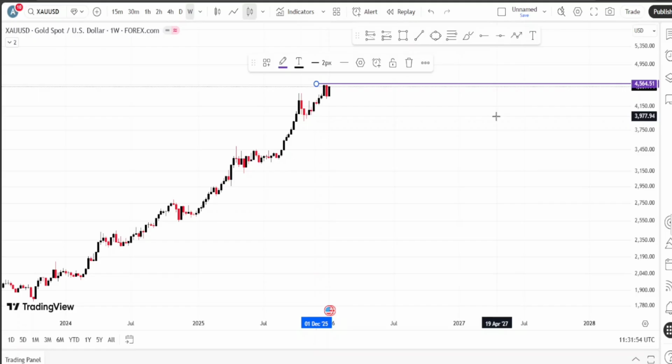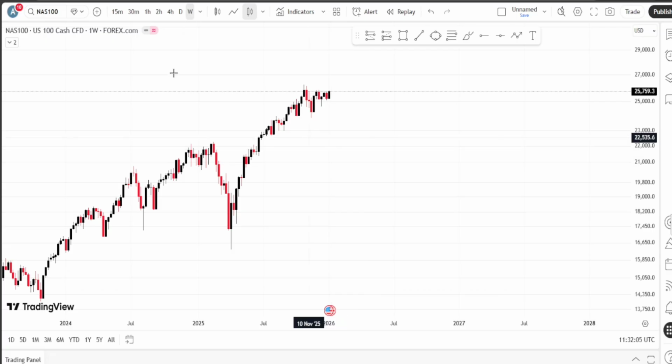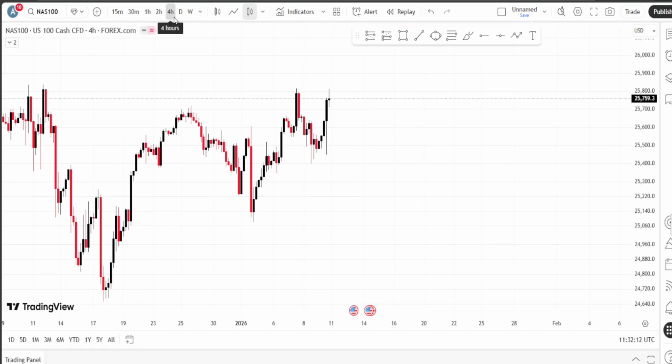Okay, so let's move to the next market and let's see. This is the indices. So this is the Nasdaq 100 here. So that has been some impressive move. You can see we have some correction here, a big deeper pullback correction to a key zone, liquidity generated, then we have some upwards move, and the year has started.